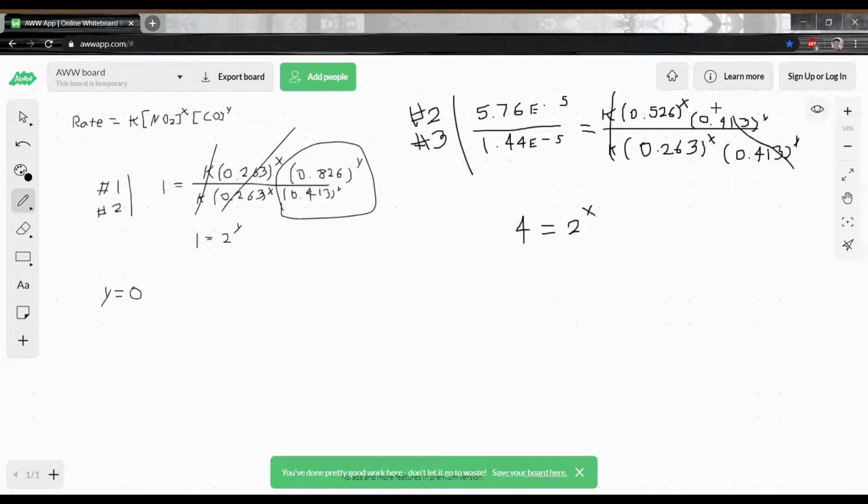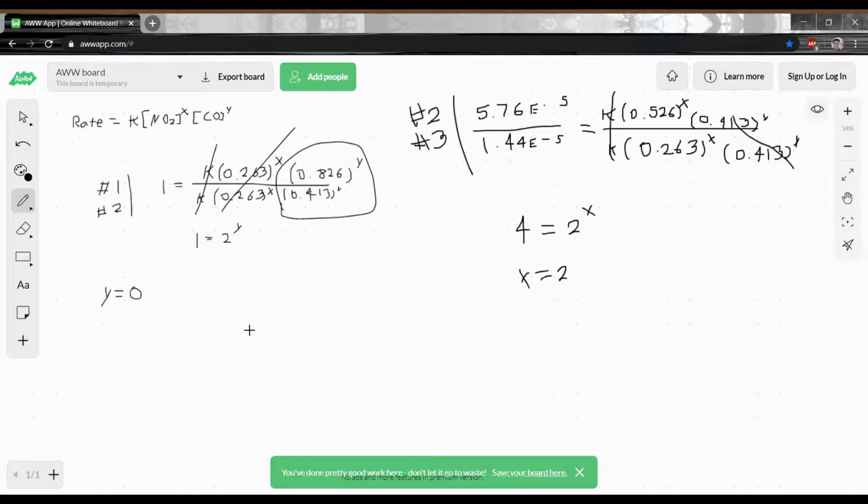Remember, our x combines into one exponent, and now we ask the question, what exponent can we apply to the base 2 to get 4? We've already done this. That answer, x is equal to 2.